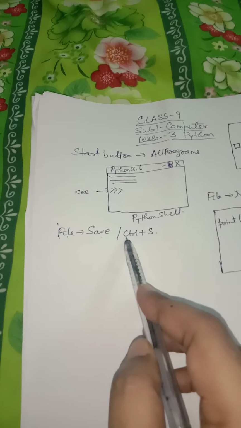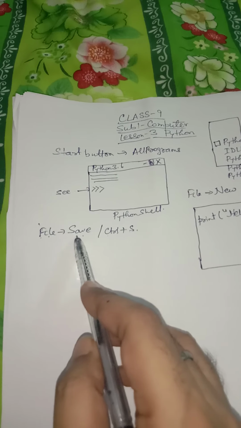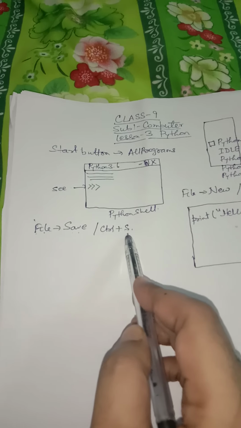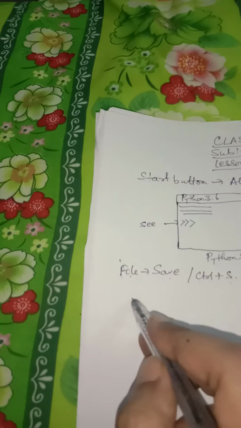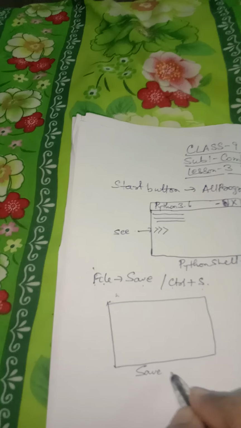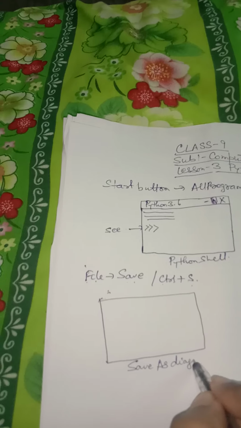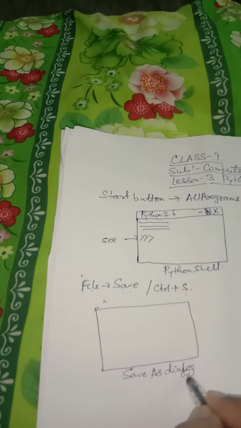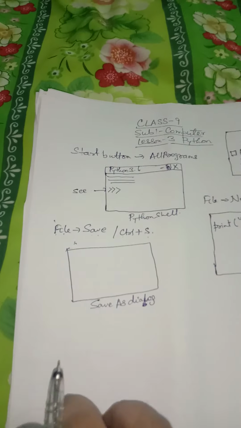As soon as Save is clicked or Ctrl+S is pressed, a window will appear, and the Save As dialog box will appear in front of you.